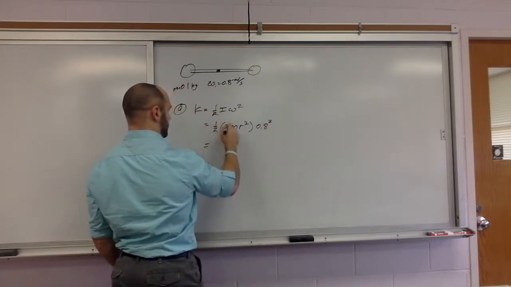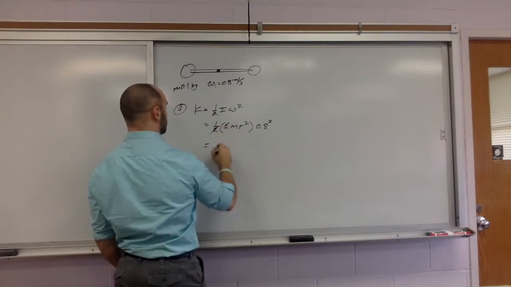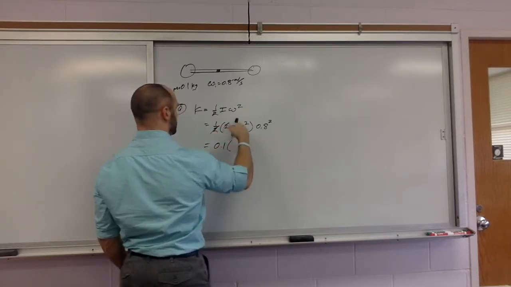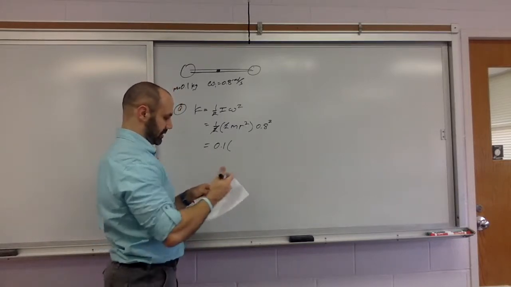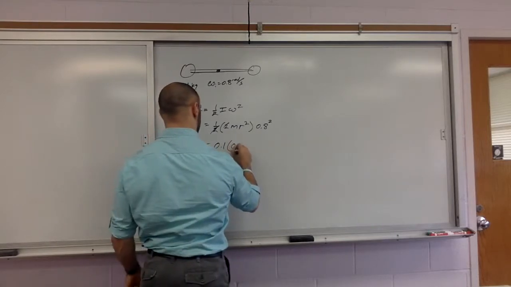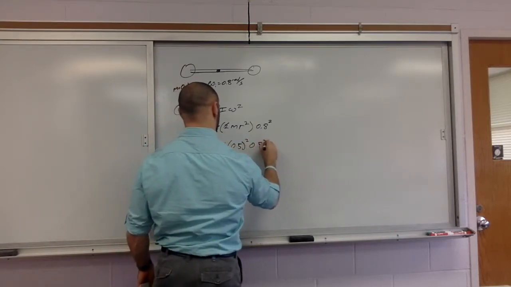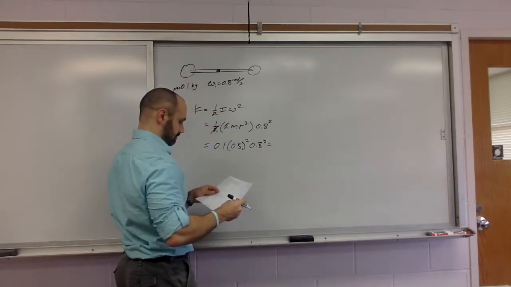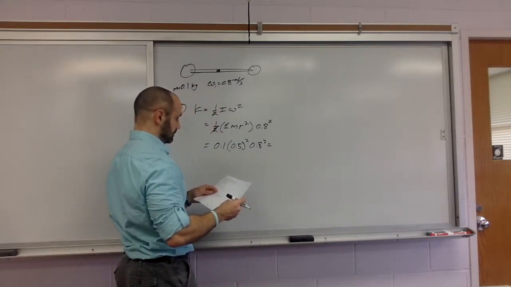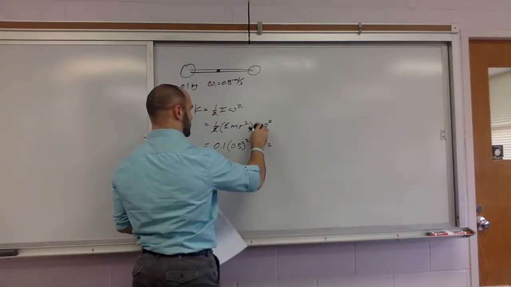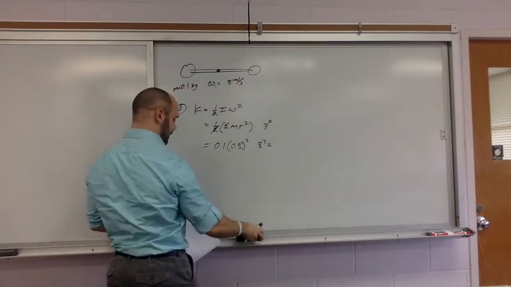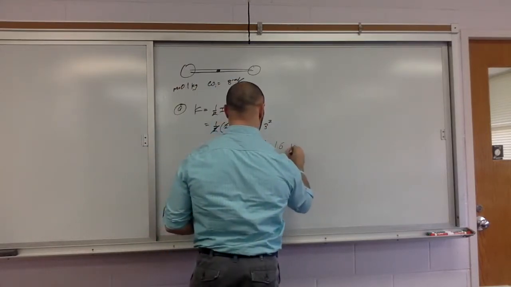So I plug in some numbers. I kind of started doing that already. So those cancel out. M is 0.1. R, it's a 1 meter rod, so that's 0.5 is R. Square that times 0.8 squared, and I get 1.6 joules. Oh, sorry, this is 8 radians per second, so that's 1.6 joules.